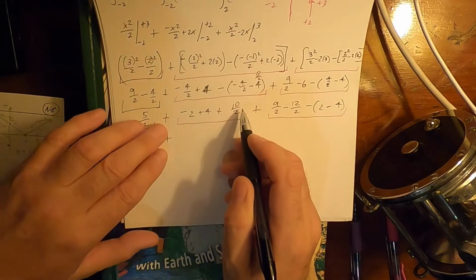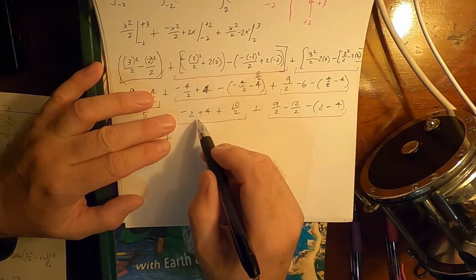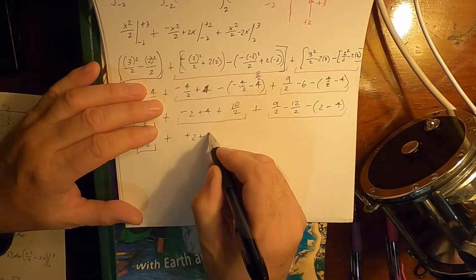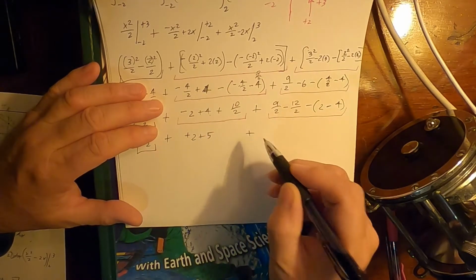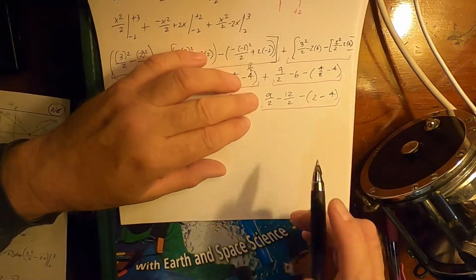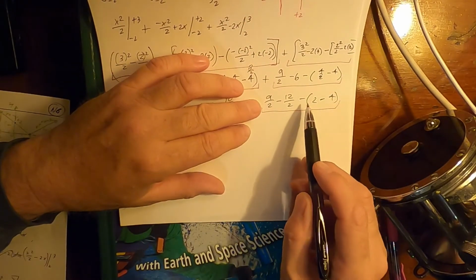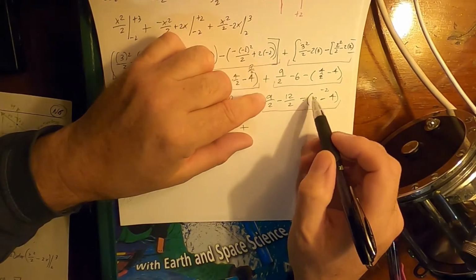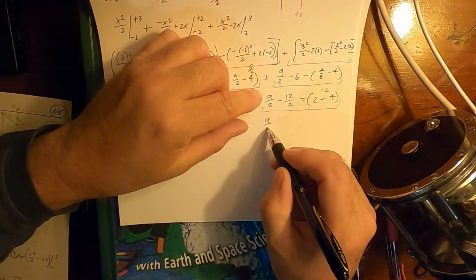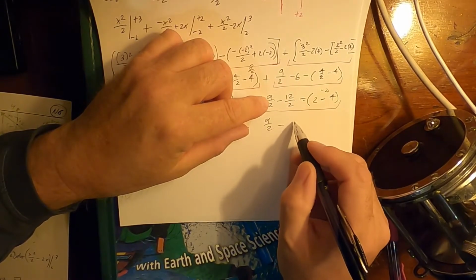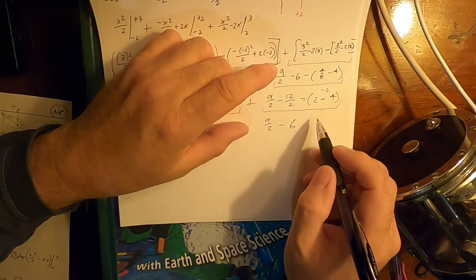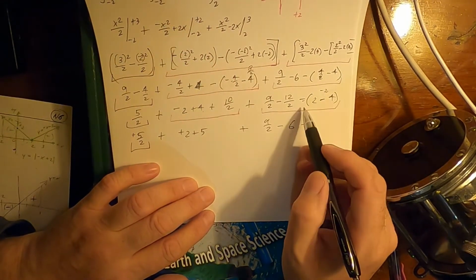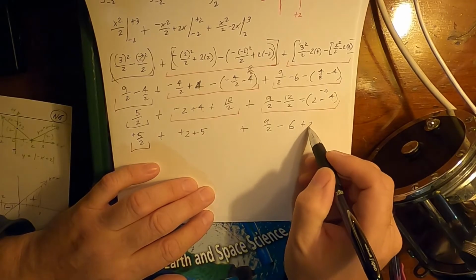Okay, let's see what we have here. So we have negative 2 and 4 is plus 2 plus 5. Okay, and then over here plus, let's see what we have, 9 halves. Okay, this becomes a minus 2 but a positive 2, so we have 9 halves minus 6 minus plus 2.